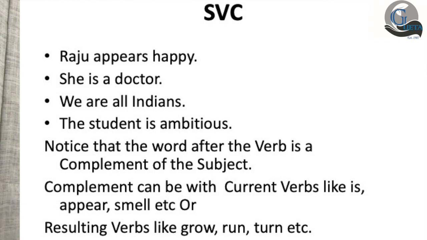The first verb pattern in our six basic verb patterns is SVC. S is the subject. You can have any noun there to begin with. V is the verb. And C is the complement. What do I mean by that?